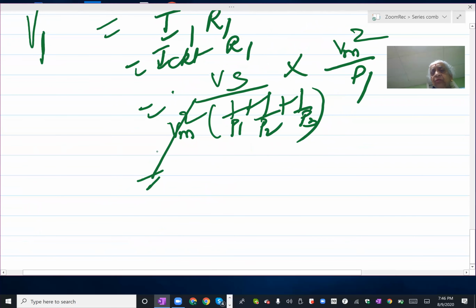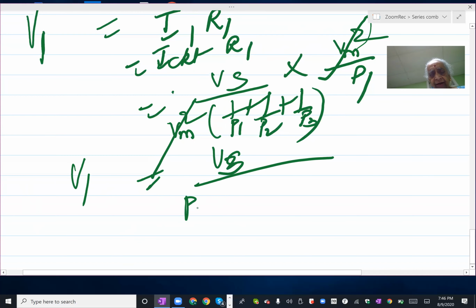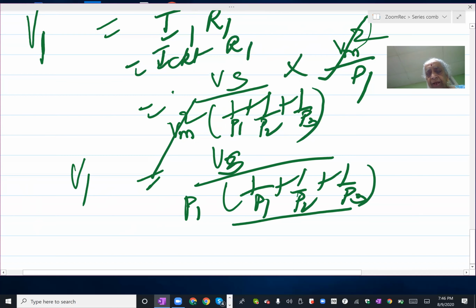Now this Vm squared will cancel with this, even if Vs is different. So V1 will be equal to Vs divided by P1 into 1 by P1 plus 1 by P2 plus 1 by P3. This is going to be a constant. This is going to be a constant as well.